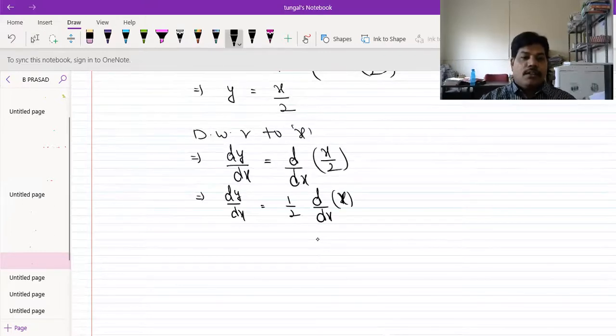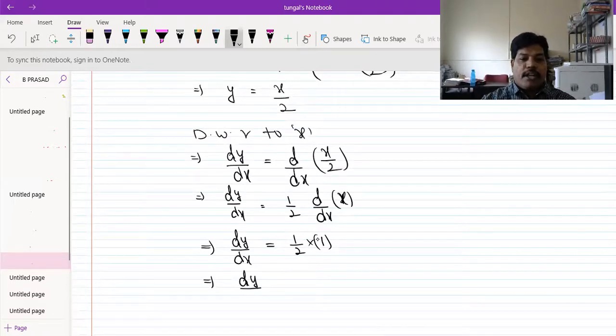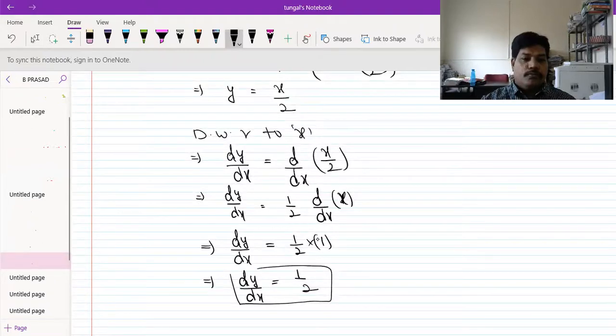So here that implies dy by dx is equal to 1 by 2 into derivative of x is 1. So the final answer, it will become dy by dx is equal to 1 by 2. dy by dx value will become 1 by 2.